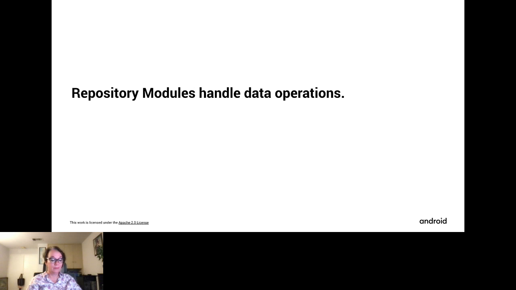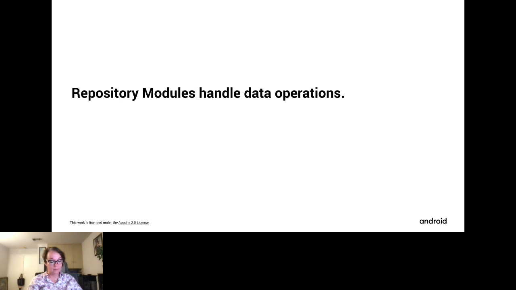So that is another source of data that we need to store and manage. We also have things that are coming in from the web. So that also comes into the repository, and then that's where we store and manage that information so that it's readily accessible by the UI or other parts of the app that might require it.